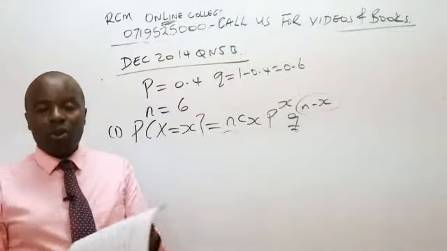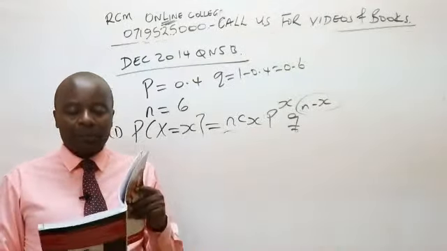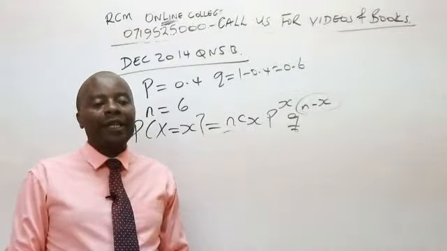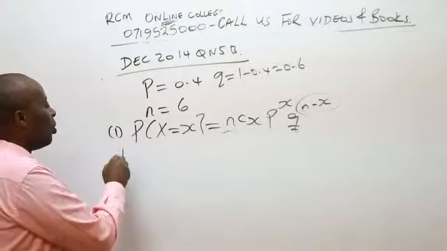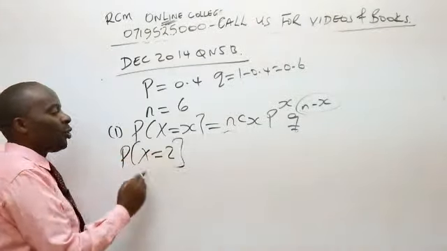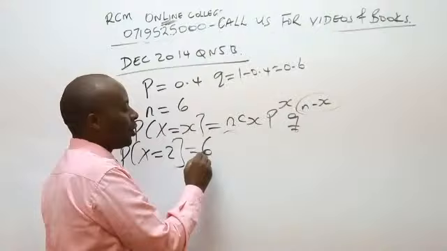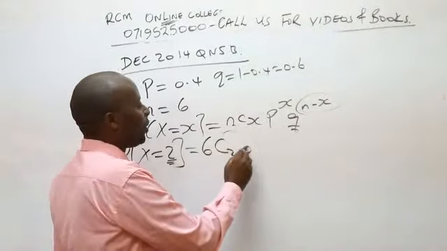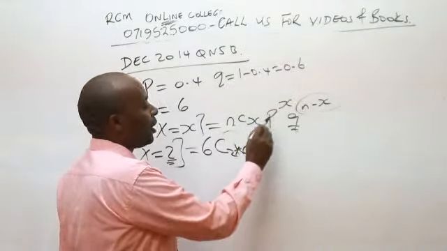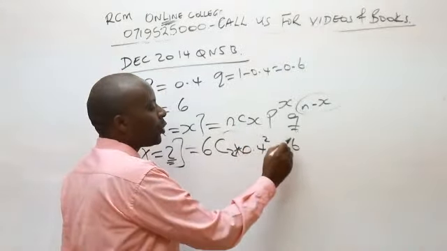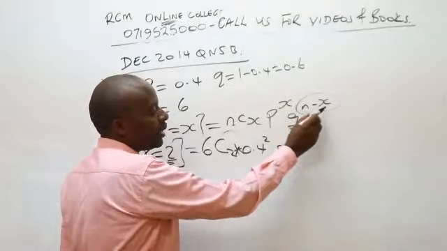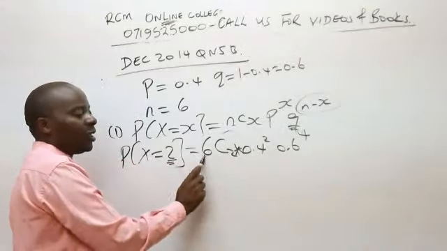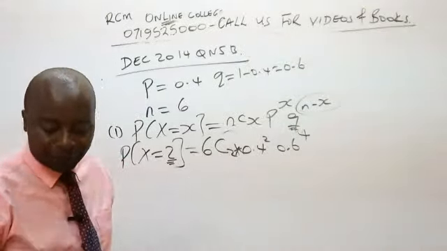Now we go to the second question, still under December 2014. Exactly 2 households were affected. So probability of X being equal to 2. N still stands, 6 combinations X, X is 2. P, which is 0.4, raised to X, which is 2. 0.6, which is my Q, raised to the balancing power. The balancing power here will be 4, given that the 2 added together must add up to 6.